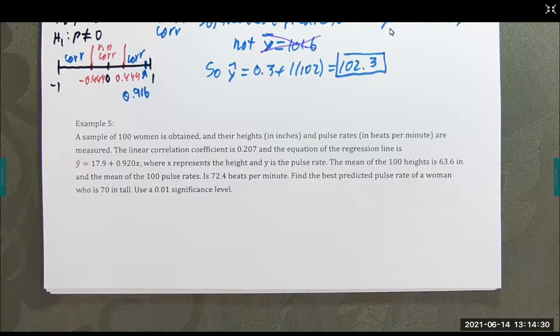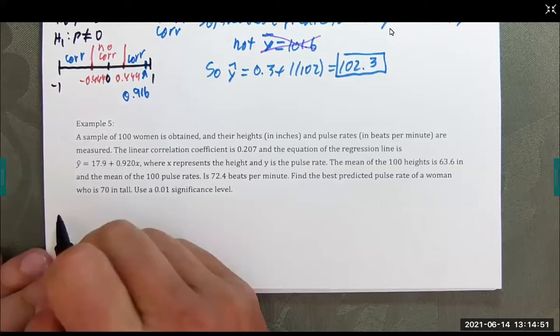The mean of the 100 heights is 63.6 inches, and the mean of the 100 pulse rates is 72.4 beats per minute. Find the best predicted pulse rate of a woman who is 70 inches tall. Use 0.01 significance level. All right, first off, let's see if there's a linear correlation or not.